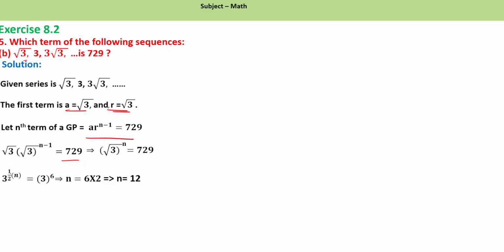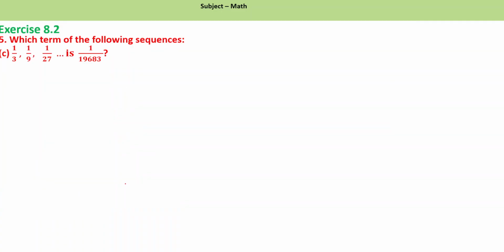Root 3 we can write as 3 power 1 by 2 n. 729 we can write as 3 power 6. So here as the base is equal, we can compare exponents, that is 3 power n by 2 is equals to 3 power 6. That implies n is equals to 6 into 2, 6 2 is 12. Therefore, n is equals to 12. Therefore, 12th term of the given sequence is 729.